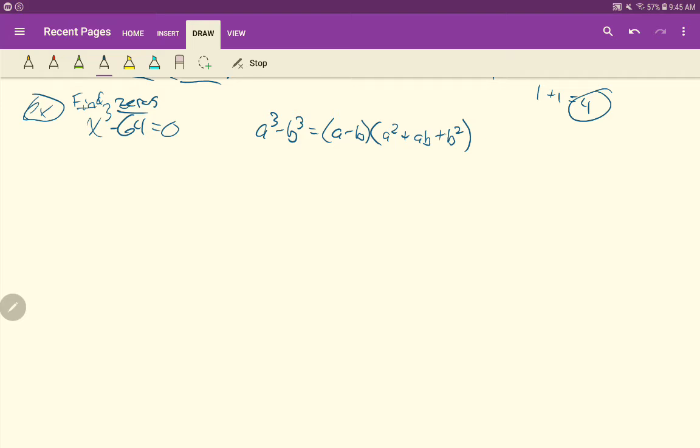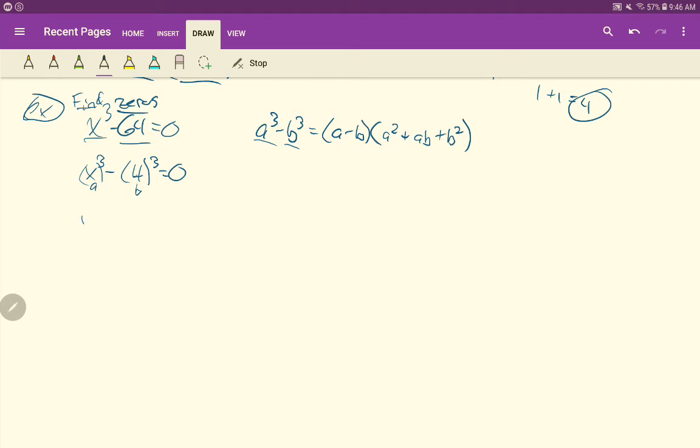Okay, so in this case, right, our a is like the x, and the b is like 64, but it's not 64. It's really 4 cubed, like that. So x is our a, 4 is our b there. So what does that factor to be?